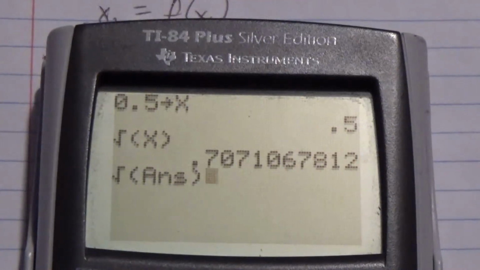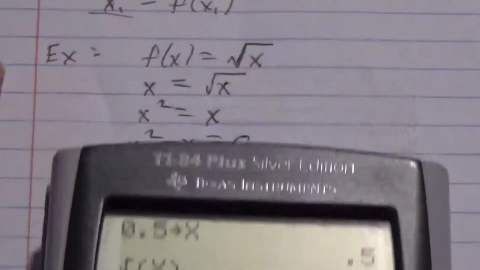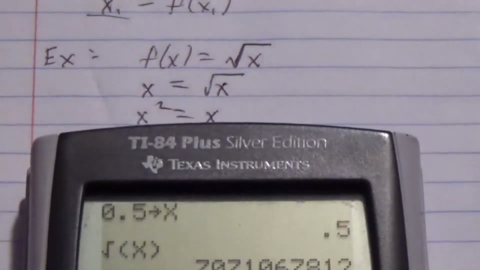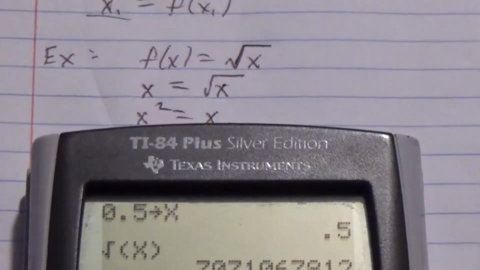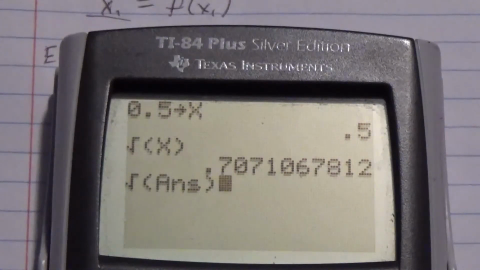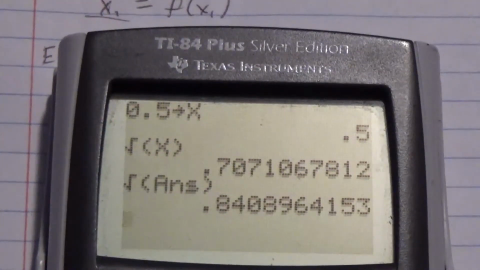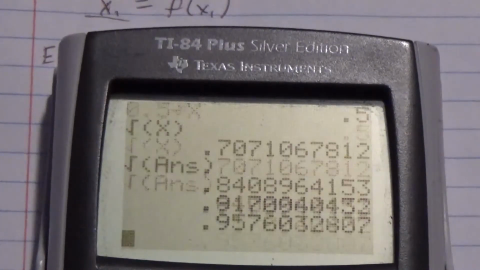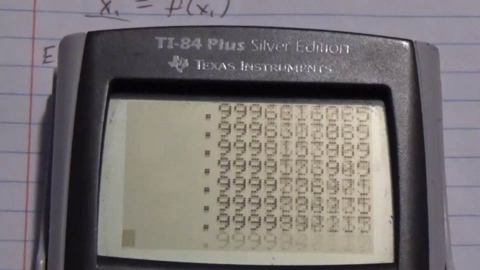So, again, assuming that f of x equals the square root of x, as I just defined it, we're taking the square root of the last output. So this is one output. Let's take the square root of that. That's our next output. Take the square root of that, and that's why it's called an iterated function. We just keep repeating this process.